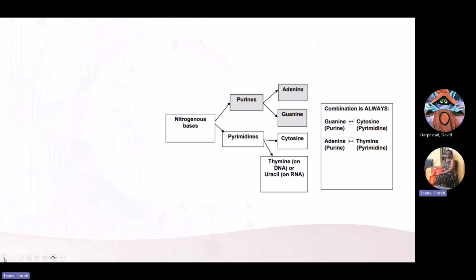But when coming to pyrimidines, the pyrimidines for DNA are cytosine and thymine, whereas in RNA we have cytosine and uracil. So we don't have thymine in RNA, instead we have uracil. Same applies to DNA. We don't have uracil, we have thymine.